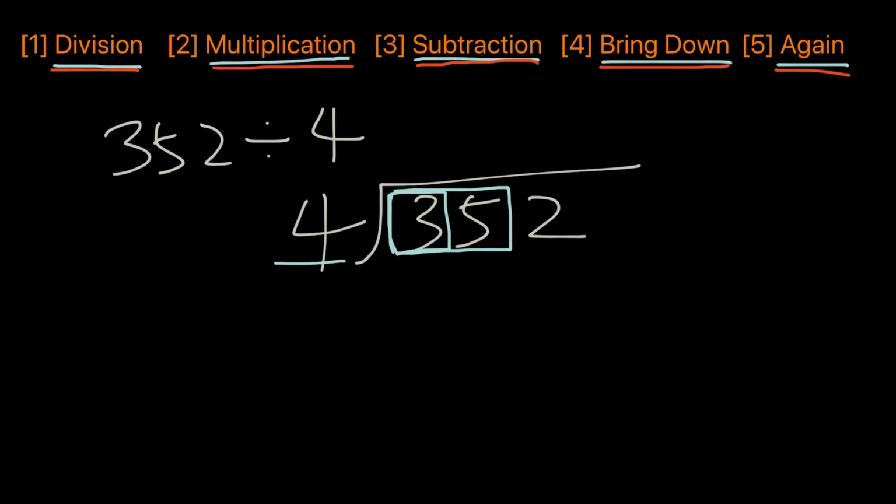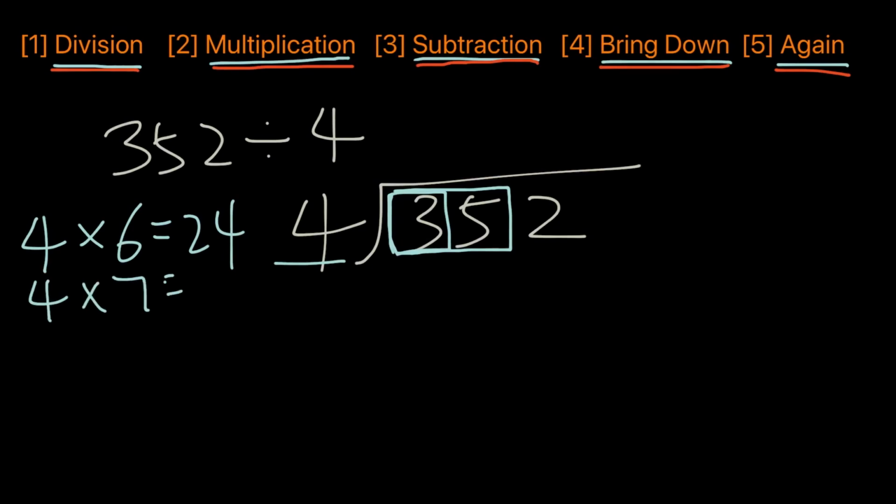So 1 number times by 4 will be equal or the greatest number that's less than 35. In our head, from the times table, maybe starting with 4 times 6, we have 24. That's smaller than 35 but not big enough. Let's go to the next, which is 4 times 7. Okay, now we have 28.